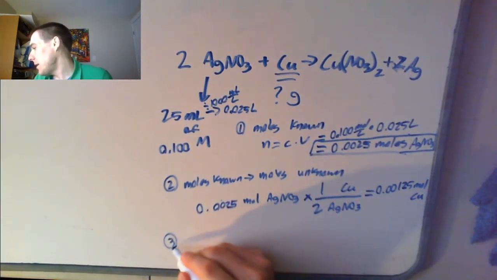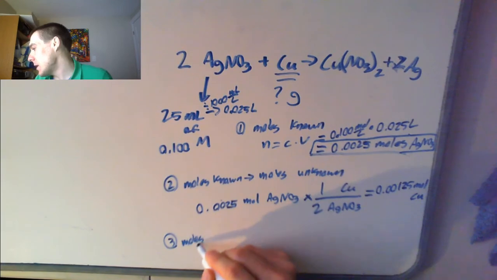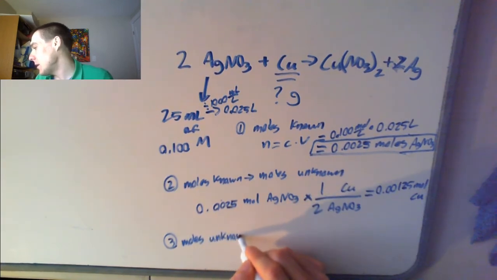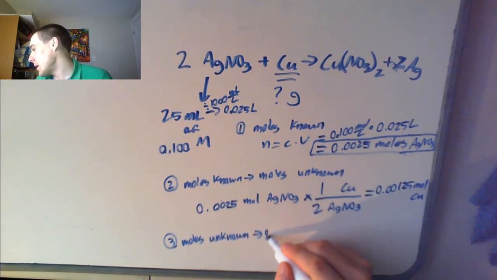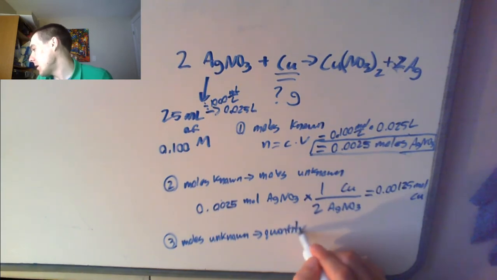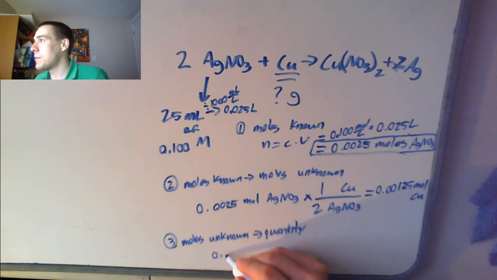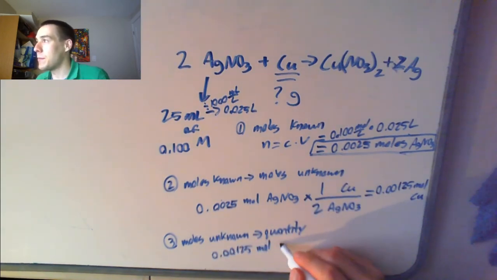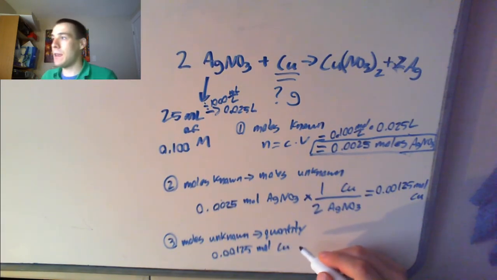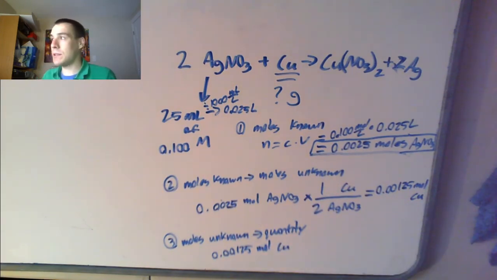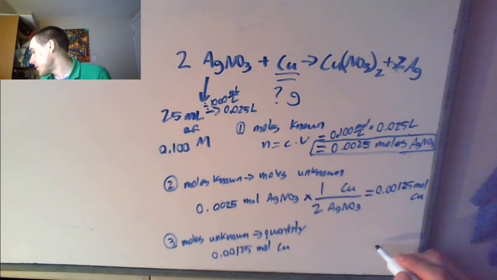And then number 3 is now we go from moles of unknown to quantity. In this case, we want the mass. So we start with our 0.00125 moles of copper, and we need to turn that into a mass of copper, which is what we're interested in.